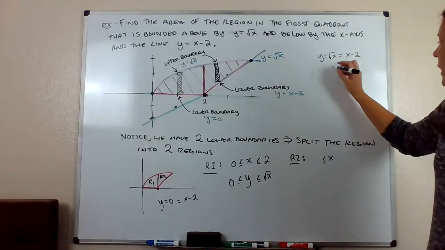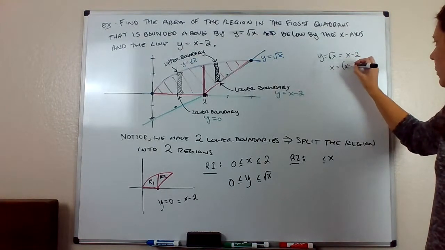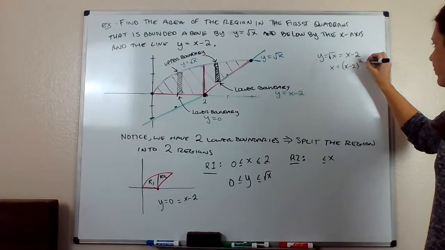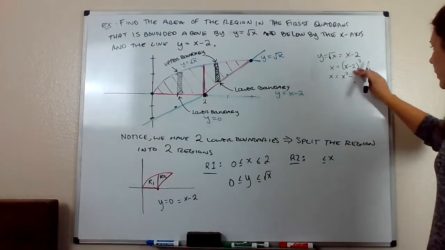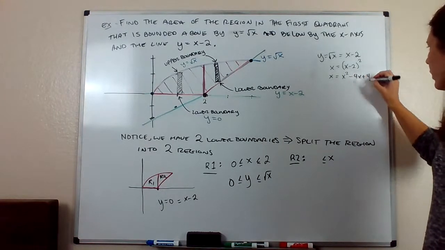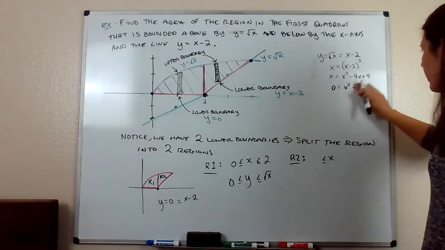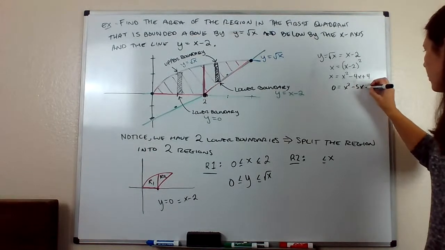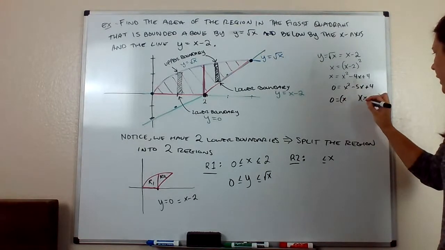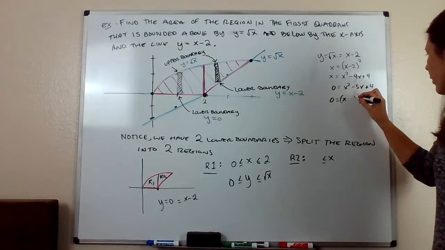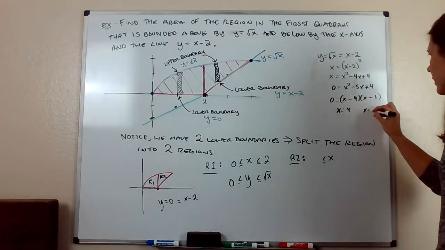If we square both sides, we get x equals (x minus 2) squared, and then x equals x squared minus 4x plus 4. So 0 equals x squared minus 5x plus 4. Then we can factor this, and we get x is 4, x is 1.